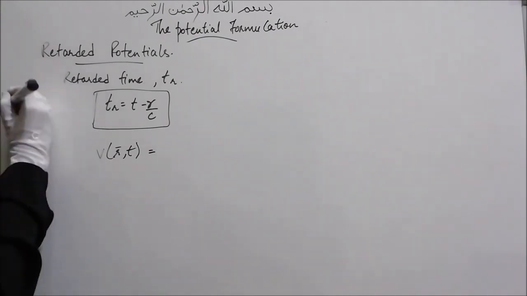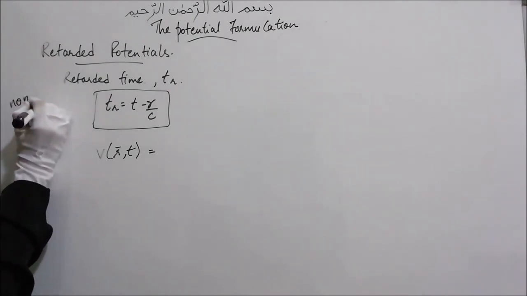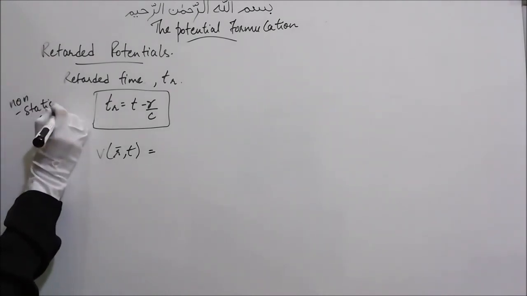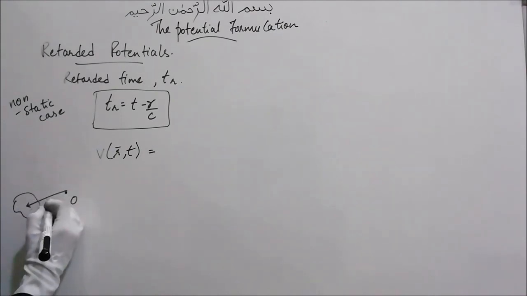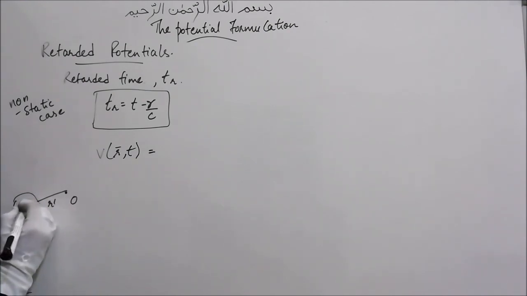Of course, this is a non-static case. We have some source, let's say. This is the origin. Let's consider this to be the origin. Here I am writing this as r dash, and there is some volume here, d tau dash.